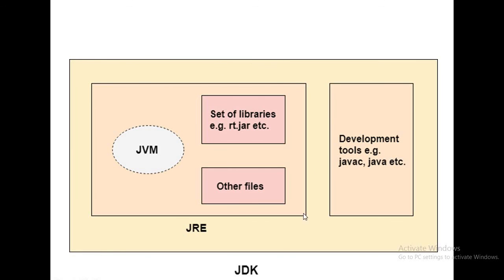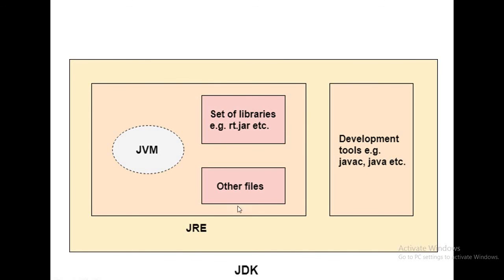And this is the diagrammatic view of JDK. JDK means JRE plus some development tools. In a single line, JDK means JRE plus some development tools, and JRE means JVM plus some library files. So in JDK, JVM is present, JRE is present, development tools are present, and a set of libraries is present.